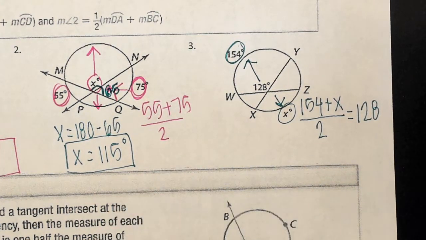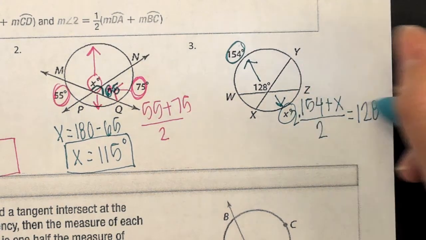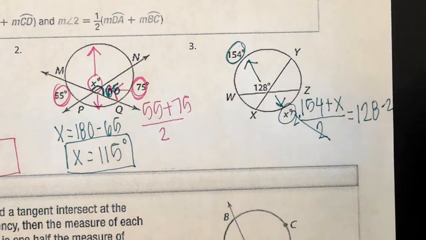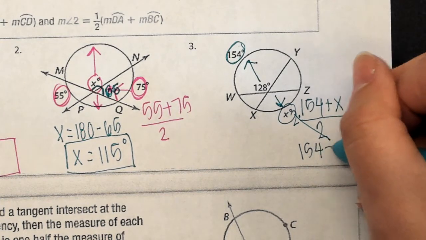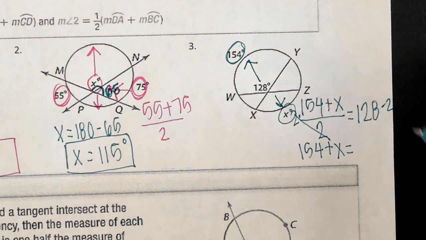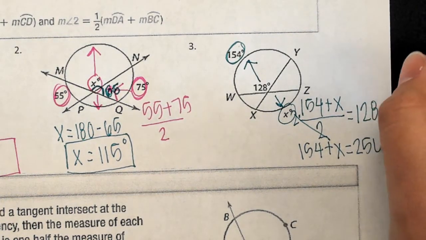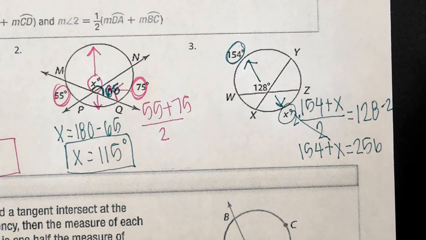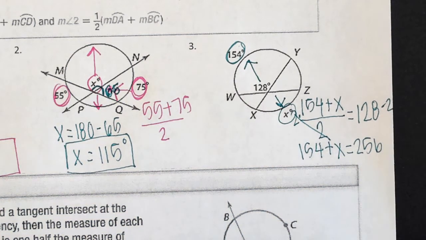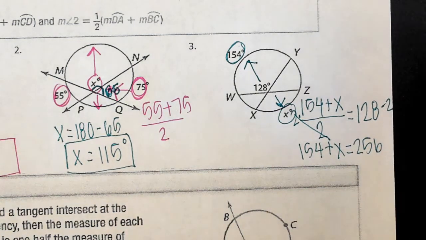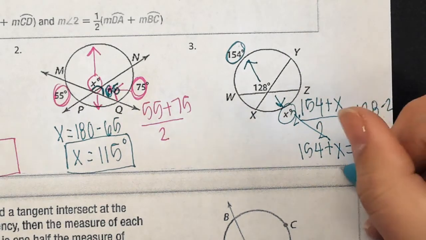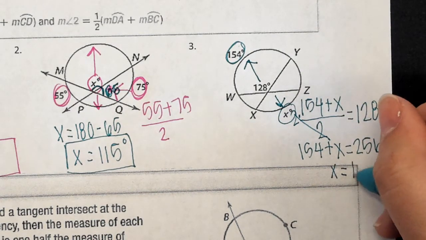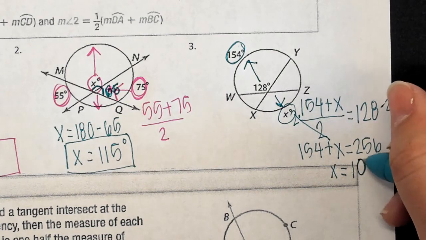So now, how would I solve for x? What's my first step? Multiply by 2. This cancels. So I'm going to have 154 plus x equals 256. What's next? Which gives me x equals 102.